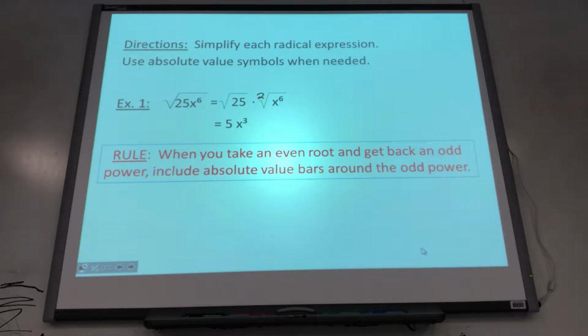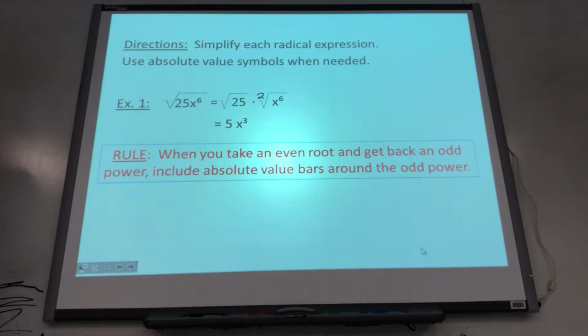It says when you take an even root, so a square root, a 4th root, a 6th root, something like that, when you take an even root and get back an odd power, include absolute value bars around the odd power.